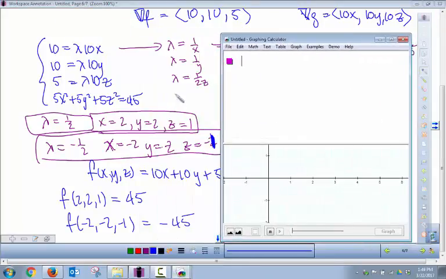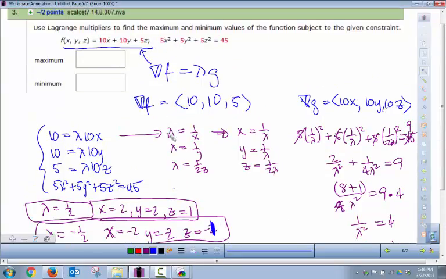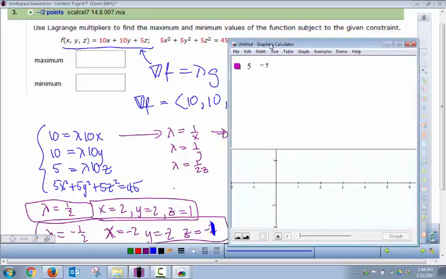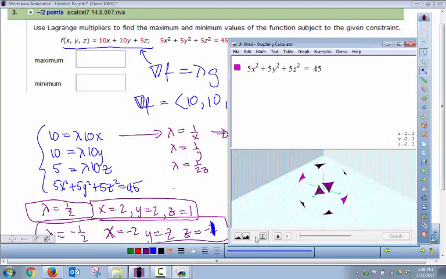So let's take a look at the graphs of the original function. And for this one, we have to look at the level curves already, level surfaces already. Let's graph the constraint first. We got a 5x squared plus 5y squared plus 5z squared. I guess we should have said it just is equal to 9. So it's a sphere. We should have known that, right?